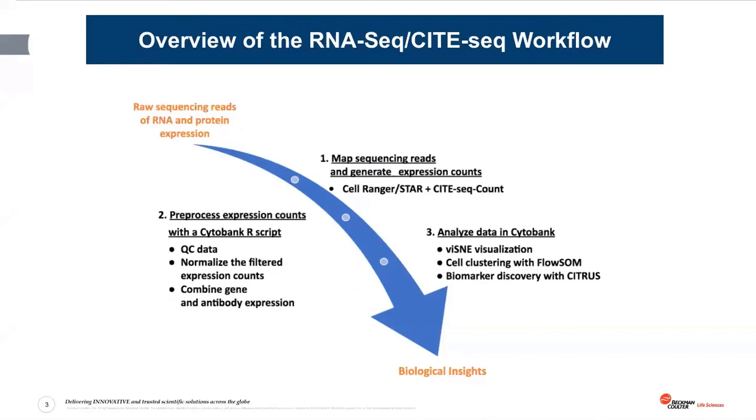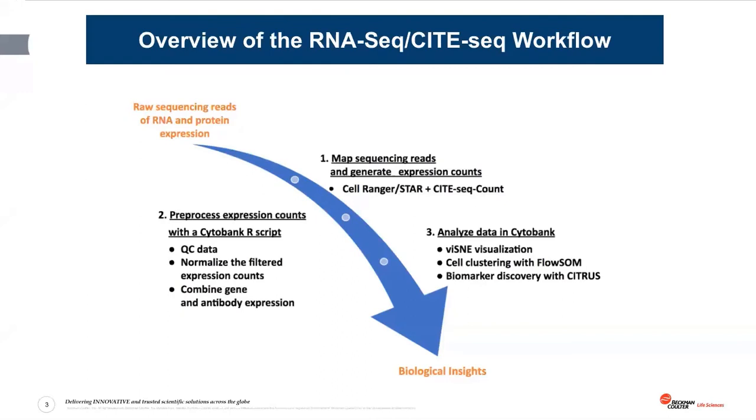To help you get a big picture and a better understanding of the complete workflow, I would like to briefly discuss this 3-step workflow that we proposed, which gives you an overview of the best practice, or what you usually need to do with your single-cell or CITE-seq data.